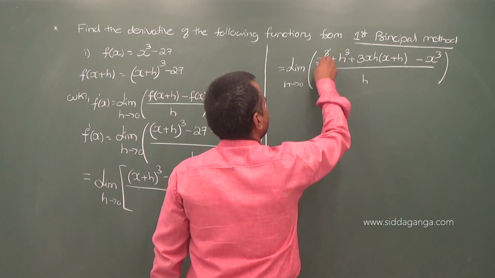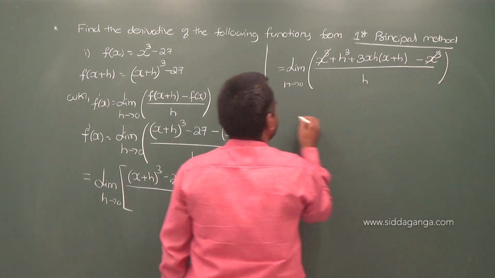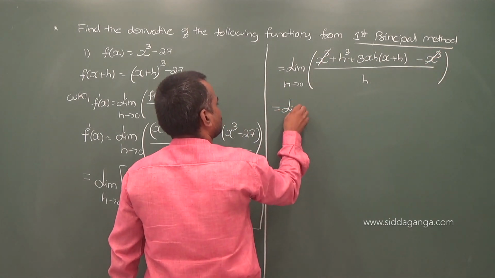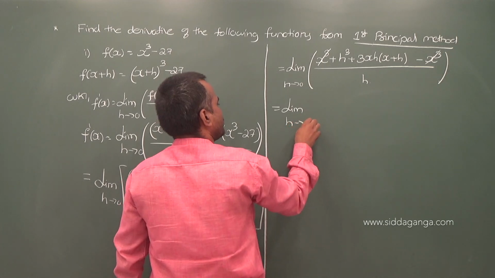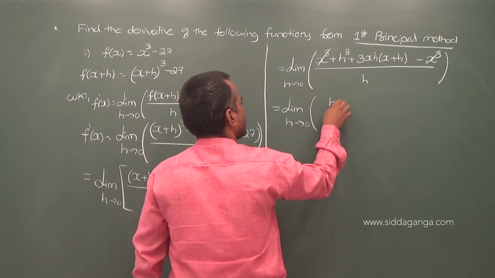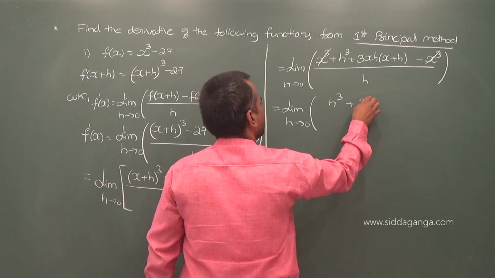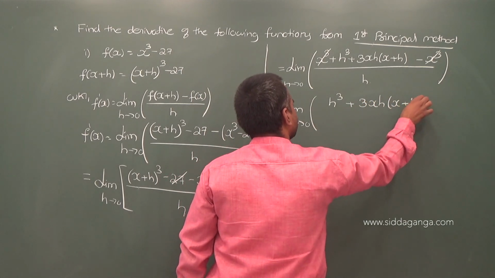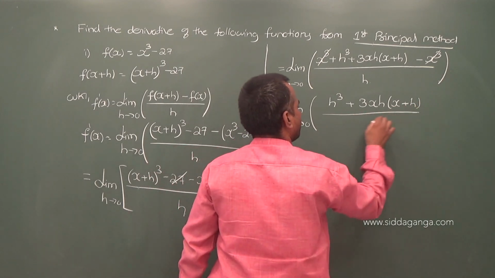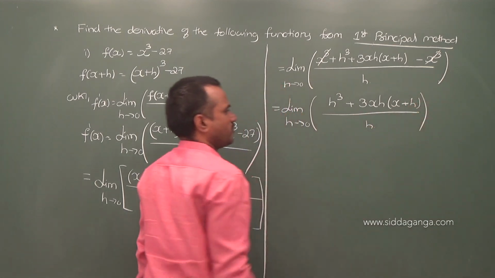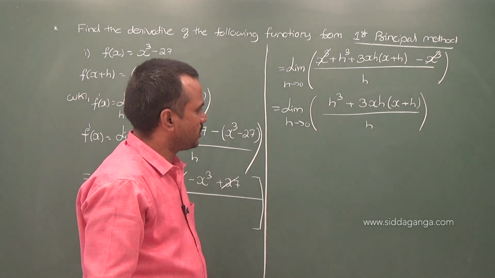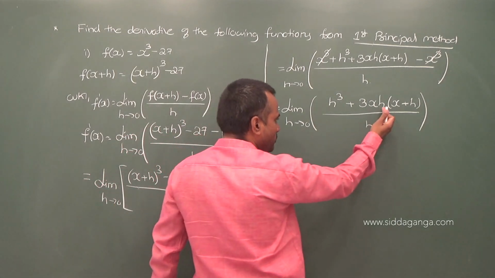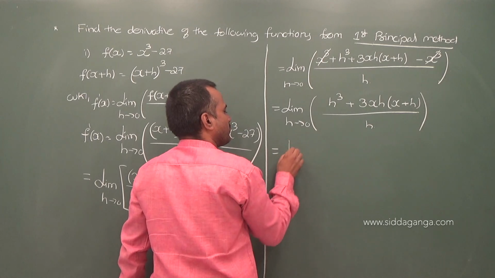What happens here? Plus x³ minus x³ get cancelled. Limit h tends to 0, (h³ + 3xh(x+h)) whole divided by h. In the numerator, we take h common.